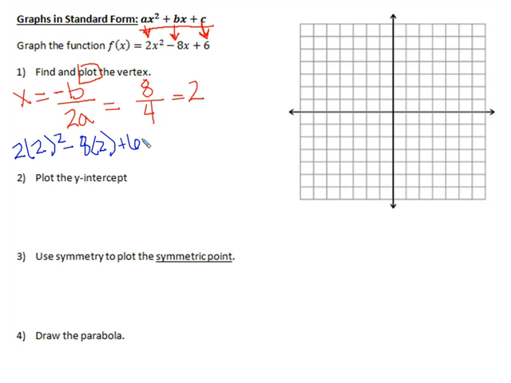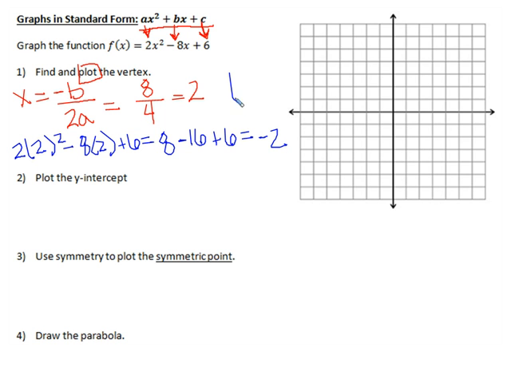It looks something like that. And let's figure this out. 2 squared is 4, and if I multiply that by 2, I get 8. Negative 8 times 2 is negative 16, and I have the plus 6 on the end. 8 minus 16 plus 6 gives me negative 2.